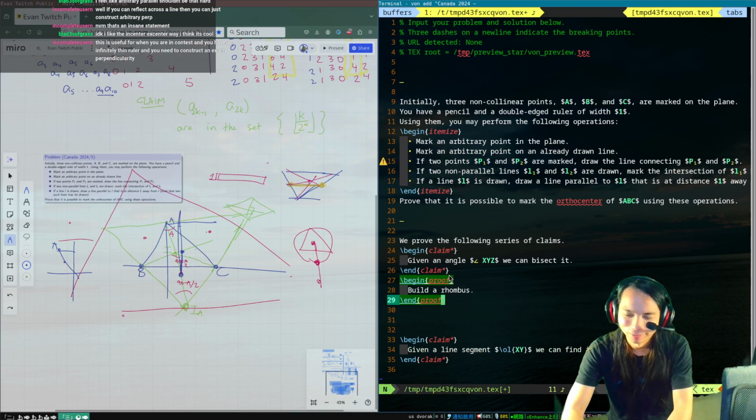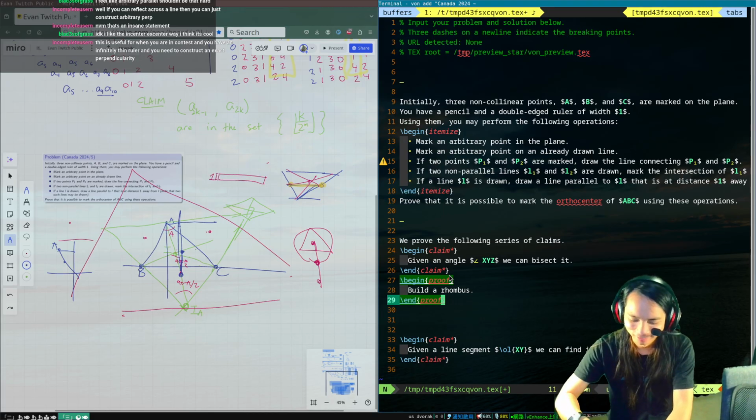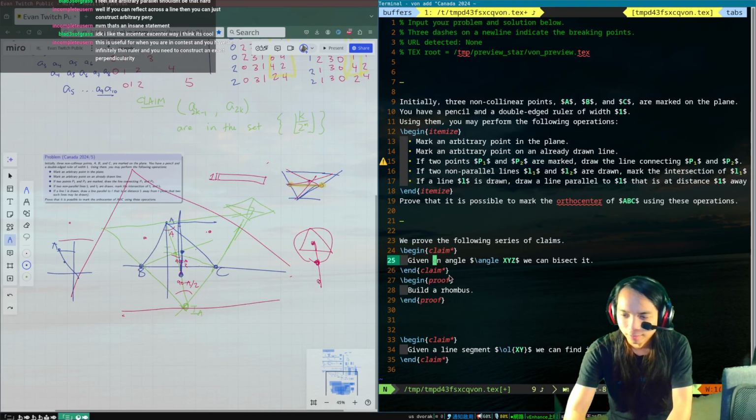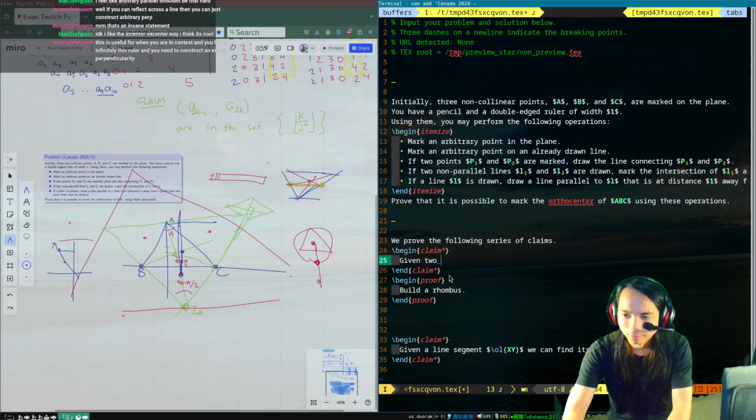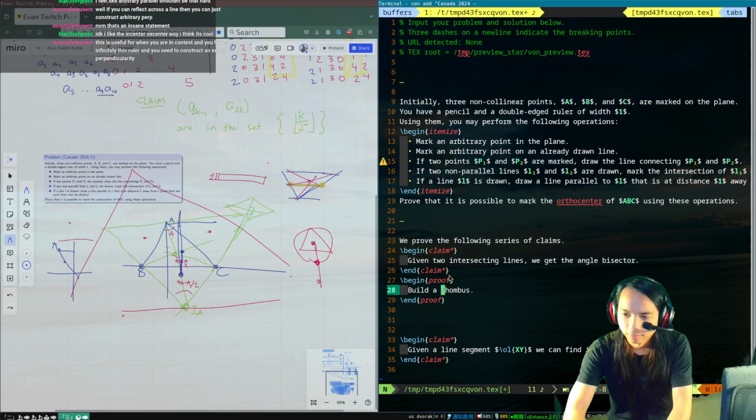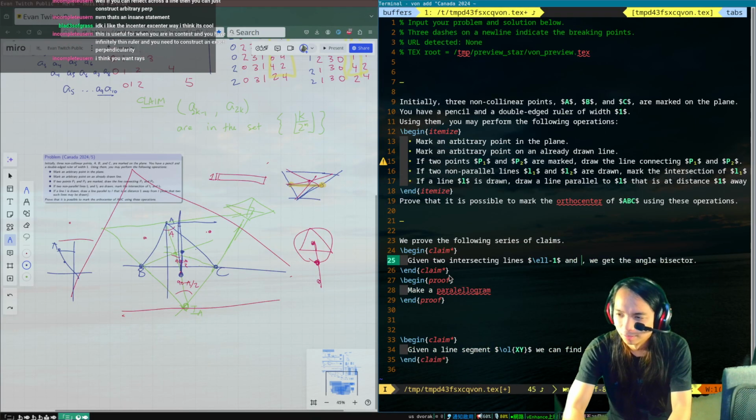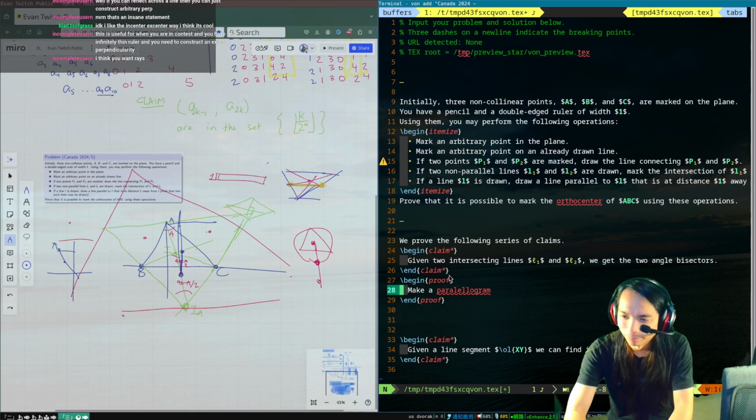I don't know how to write this. Two intersecting lines. So make a parallelogram. How do you spell parallelogram?